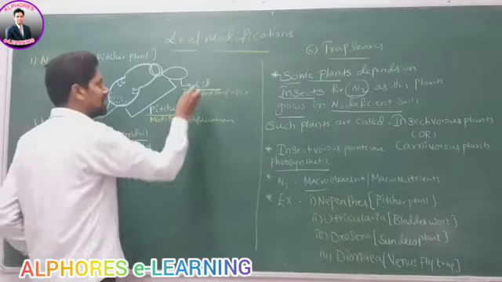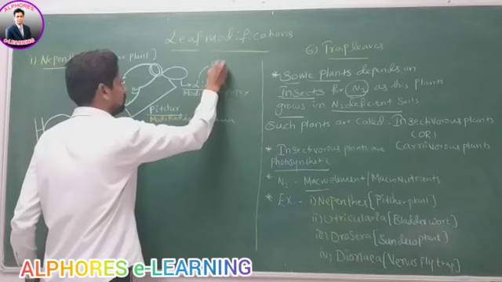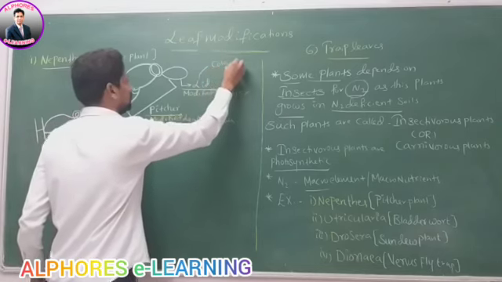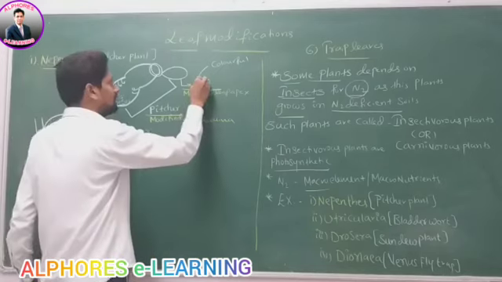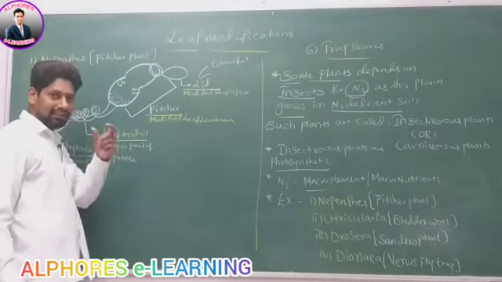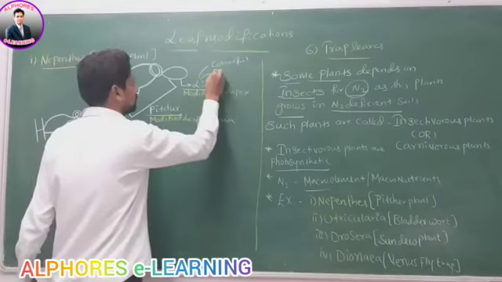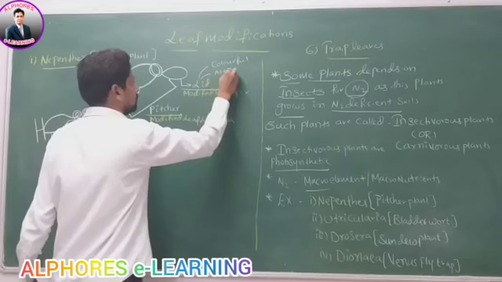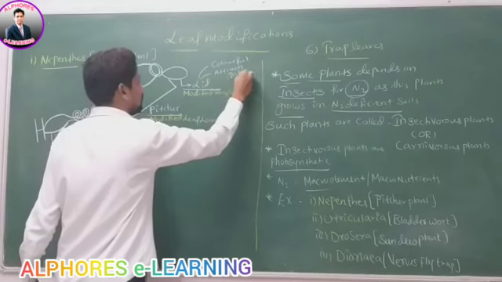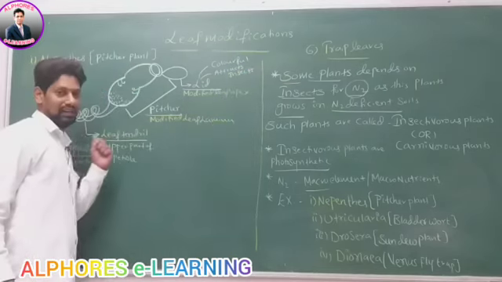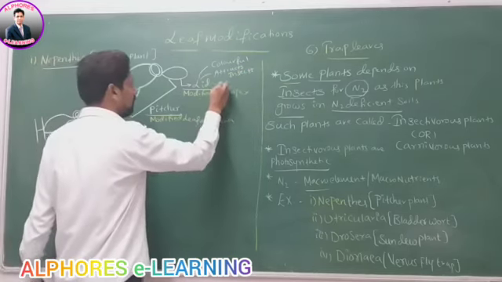This lid is colorful. As it is colorful, it attracts insects. Who is attracting the insects? The lid. Is this lid movable or immovable?